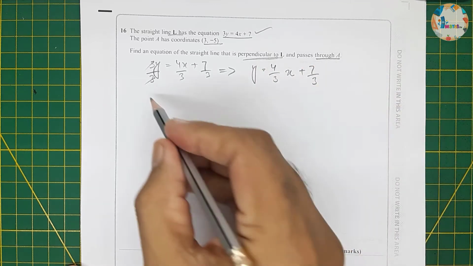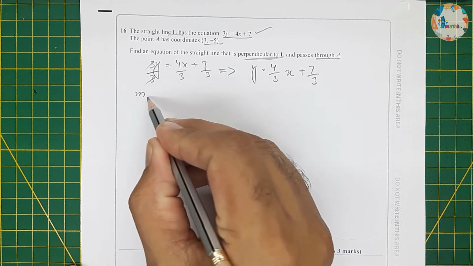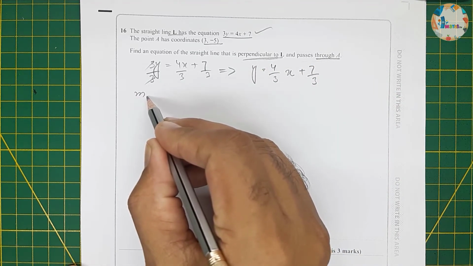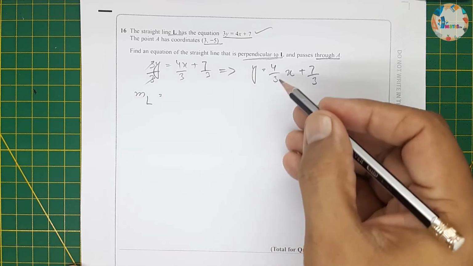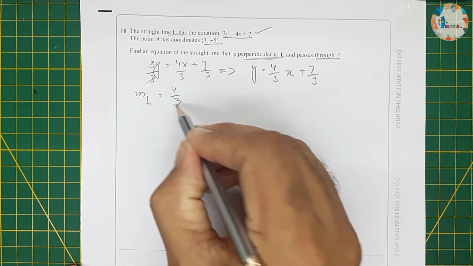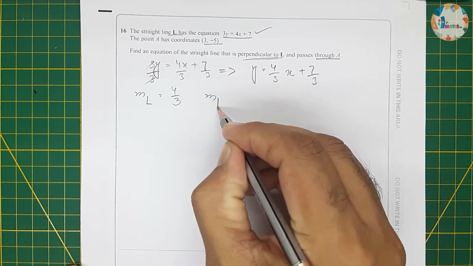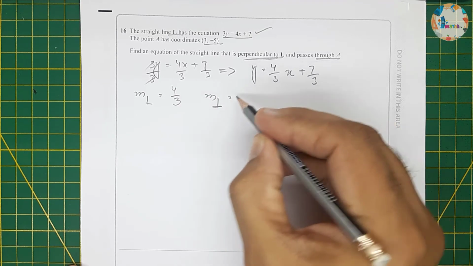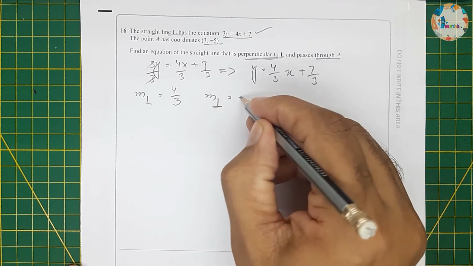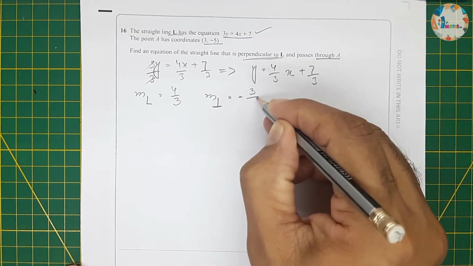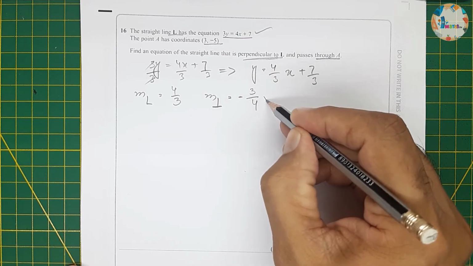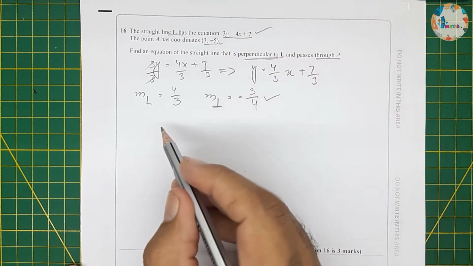So the gradient of L, m of L, will be equal to 4/3, and the gradient of the perpendicular will be the reciprocal with the sign changed. So minus 3/4 will be the gradient. We'll be using this gradient and this point to write the equation.